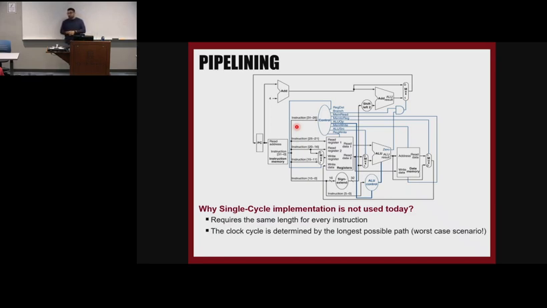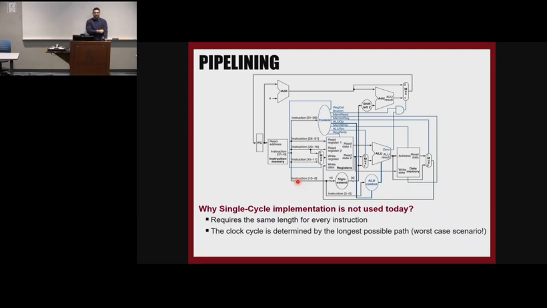The reason it's called single cycle is because the entire process from the beginning to the end happens in one cycle. Here we have the program counter going to the instruction memory, we fetch the instruction, then we decode the instruction. This is the decoding part.